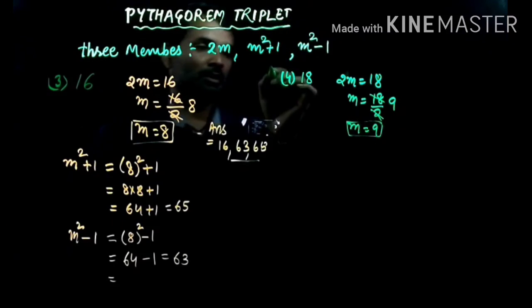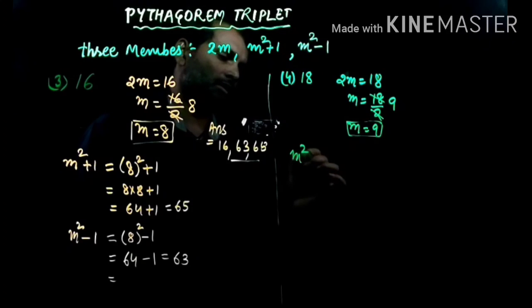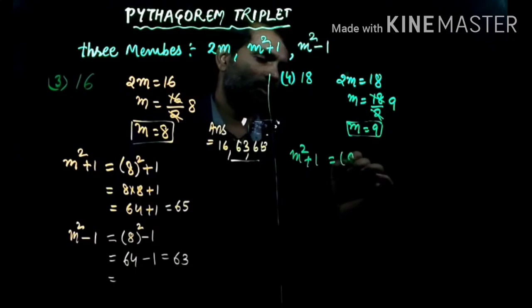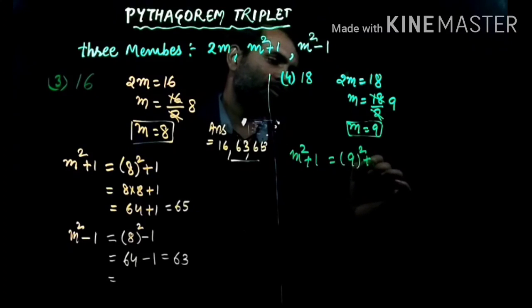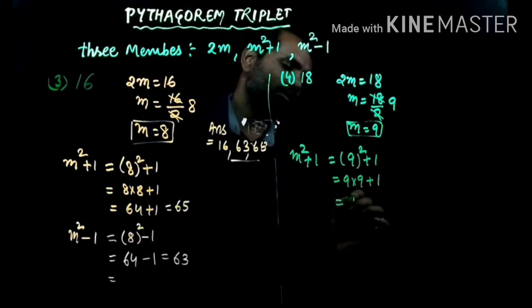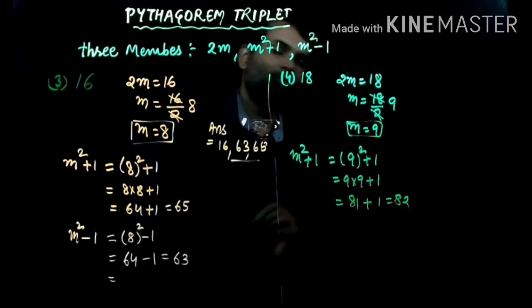The value of m is 9. First we find m square plus 1, which is 9 square plus 1. 9 square is 9 into 9, which is 81, plus 1 is equal to 82.